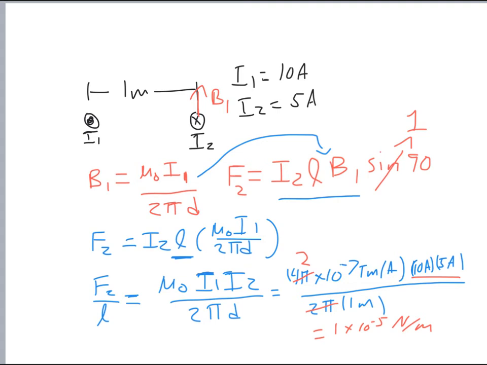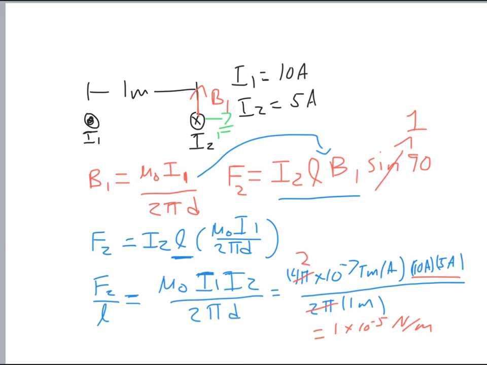We point our fingers along the direction of the current, and then we rotate our wrist so that when we curl our fingers, they point towards the B, so they'll be pointing towards the top of the page. And if I do that, the direction of the force turns out to be to the right. And so that's going to give me the direction of that force being to the right.